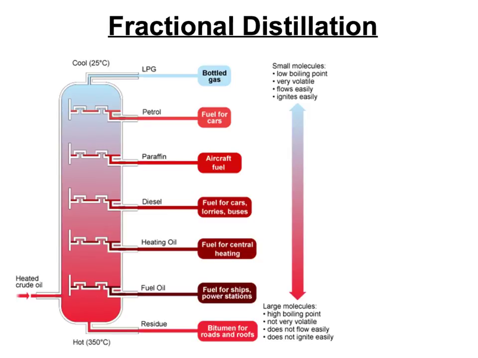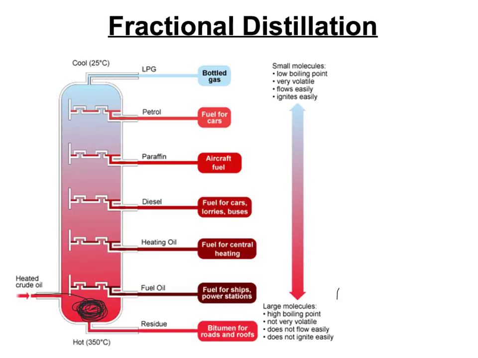Now, what happens here is the crude oil enters the tower and is heated. Remembering that the crude oil is a mixture of hydrocarbons. So in there we've got short chain, long chain, medium chain hydrocarbons.